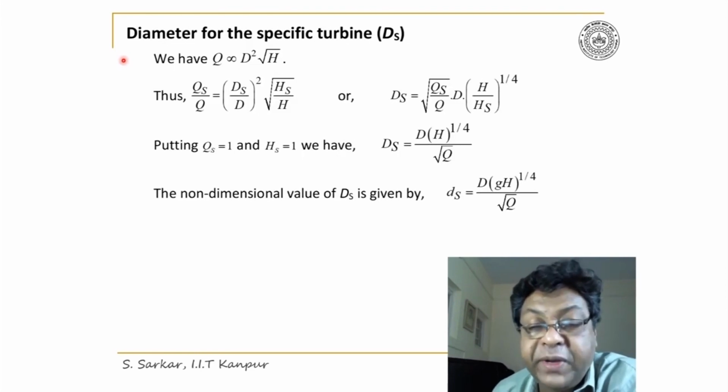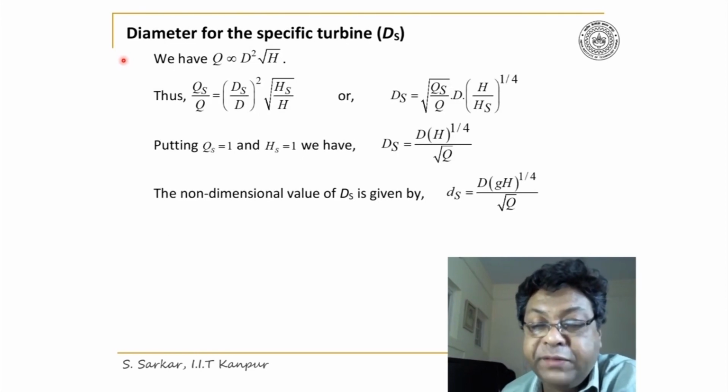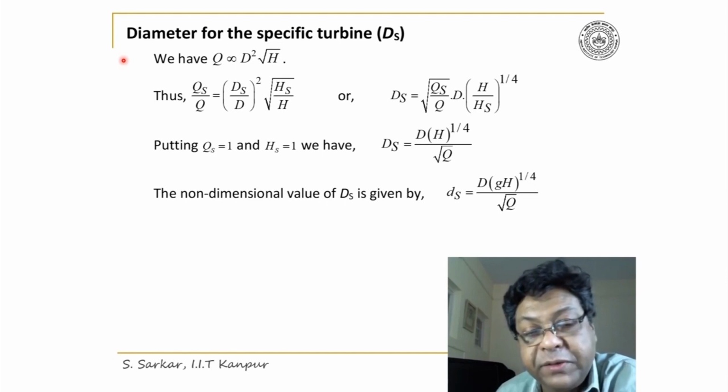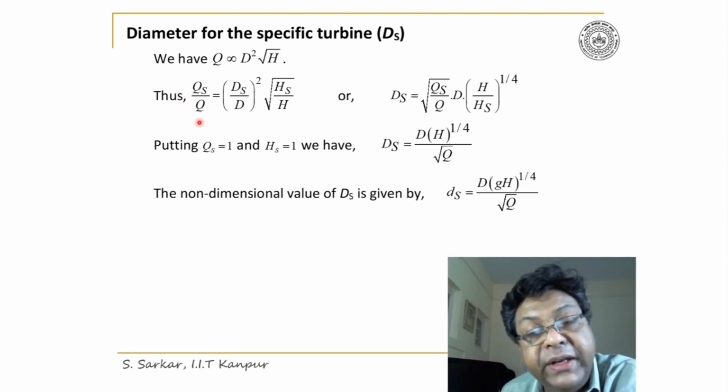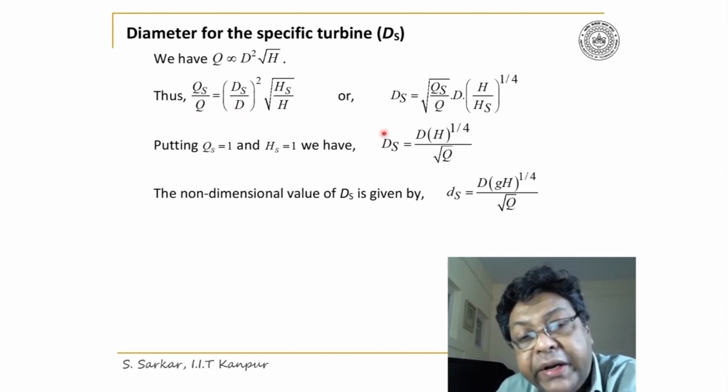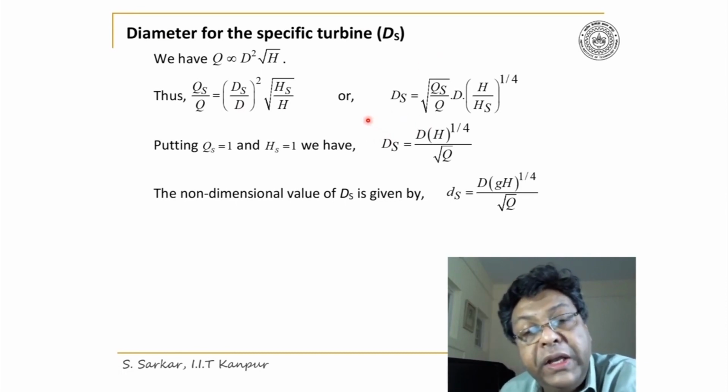The diameter of a specific turbine is called specific diameter. Let me derive the expression for a specific diameter, which is very easy. We know Q is proportional to D squared root over H. Thus I can write Qs by Q is equal to Ds by D squared into root over Hs by H. And from here I can get Ds is equal to root over Qs by Q into D into H by Hs to the power 1 by 4.